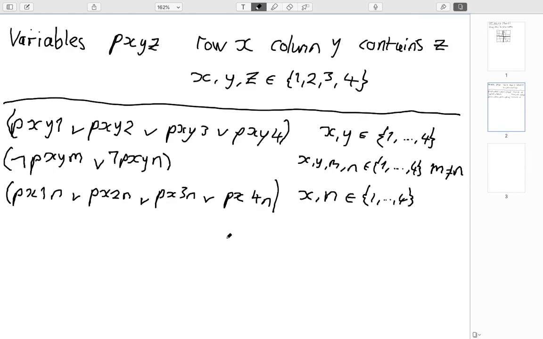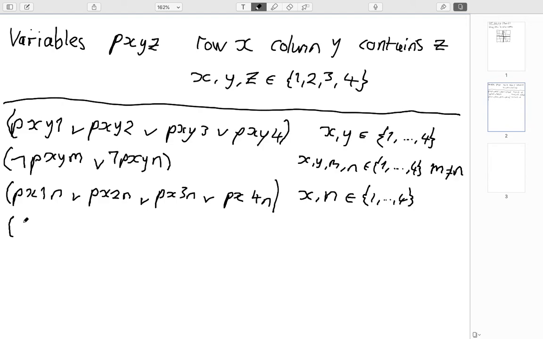So again, for every row and number, the row must contain the number, and once again it can only contain the number once. So just like before, we're going to say that if we have two different columns, then in the row x, the cells in the two different columns cannot both contain the same number. So let's call the two different columns y and y prime.